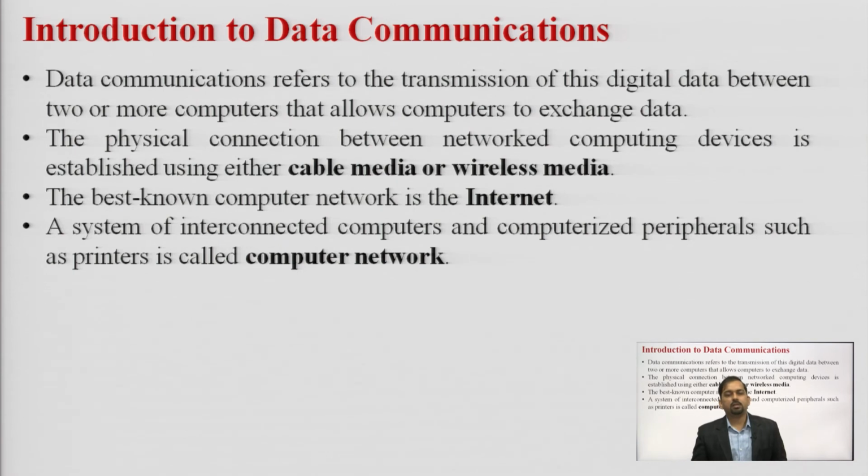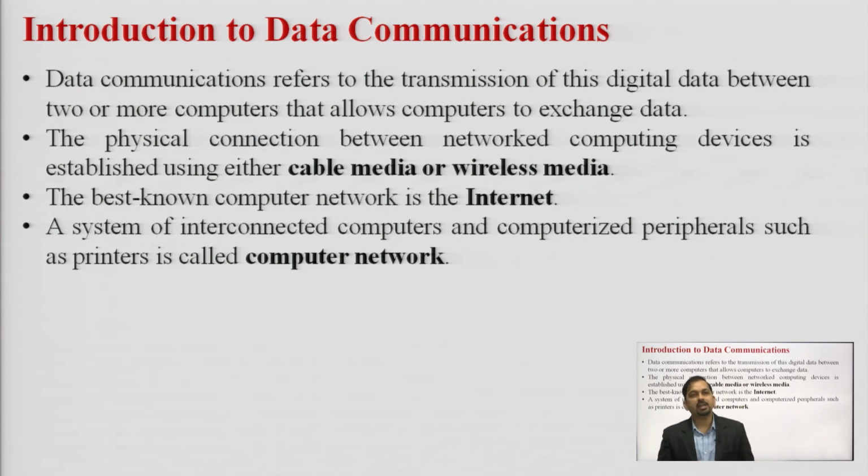After this AM detection and generation, we will move to a new topic, which is the introduction to data communication. First of all, what is data communication? Data communication refers to the transmission of digital data between two or more computers that allows computers to exchange data.